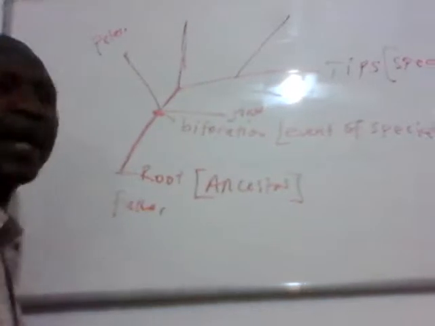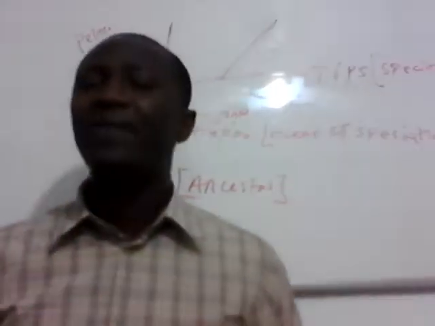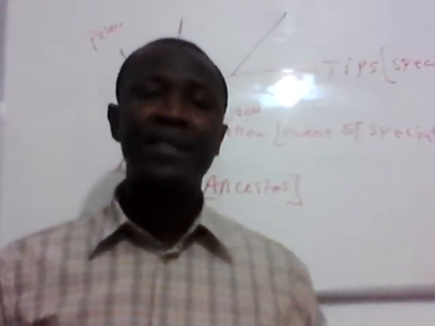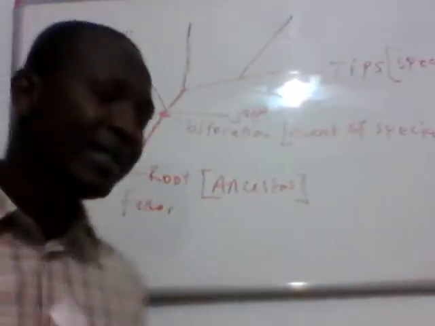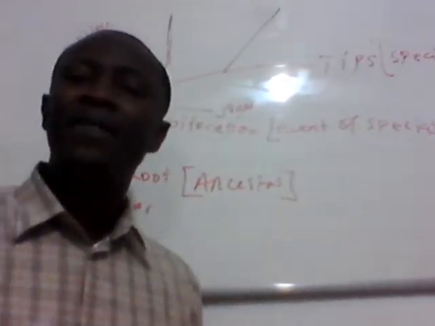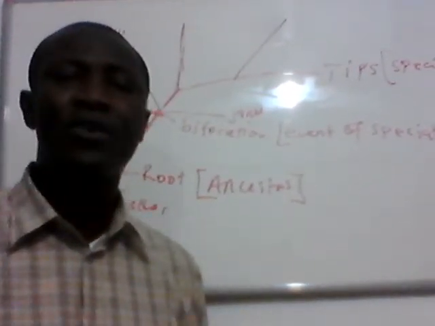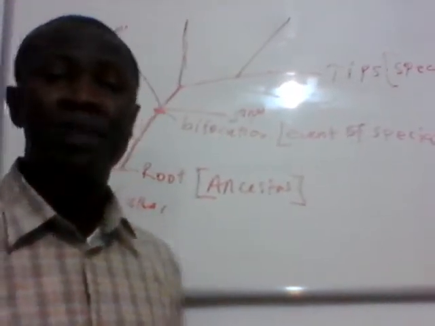So every bifurcation is an event of speciation, and this is a basic concept that every phylogenetic, molecular systematics or biogeography student should understand.